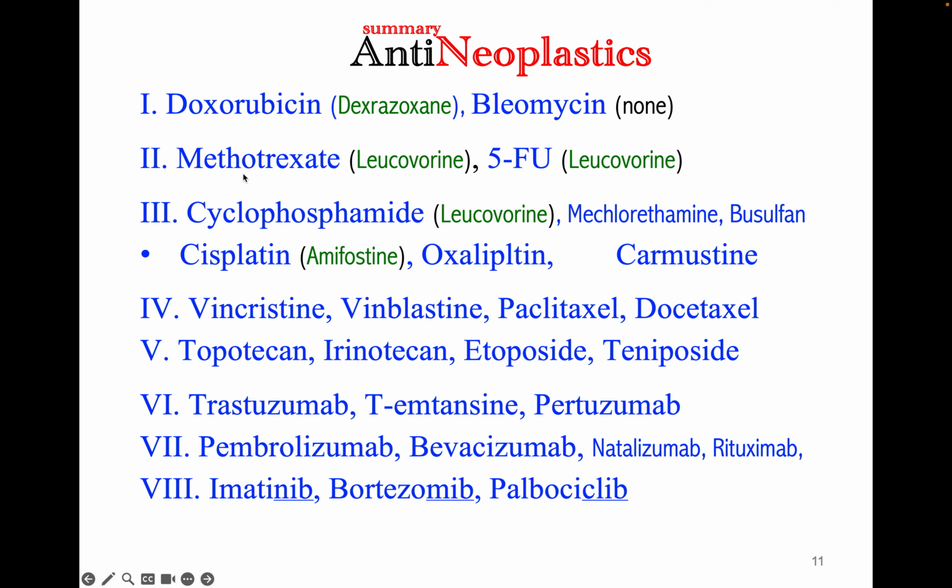Remember, the mechanism of action of methotrexate is folic acid inhibition, right? A folate antimetabolite analog. So it's going to inhibit folic acid in our body. How does it inhibit folic acid? By binding. It's actually a folate antagonist.